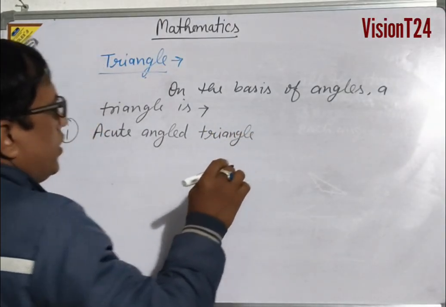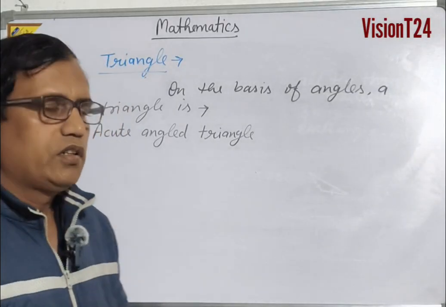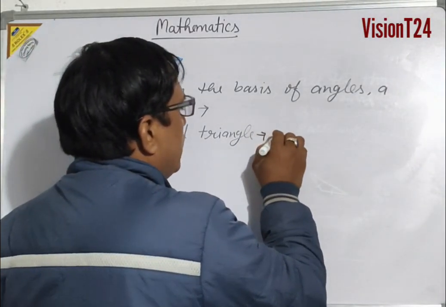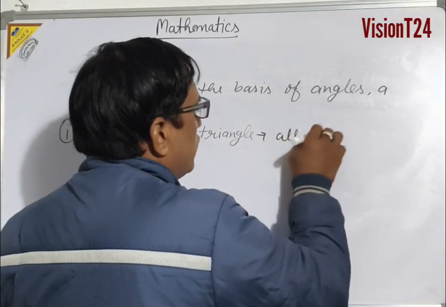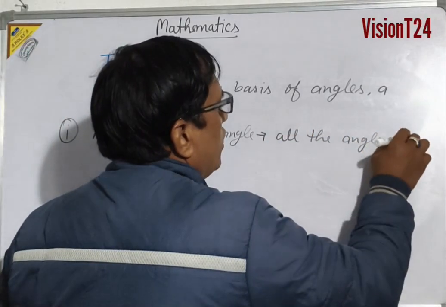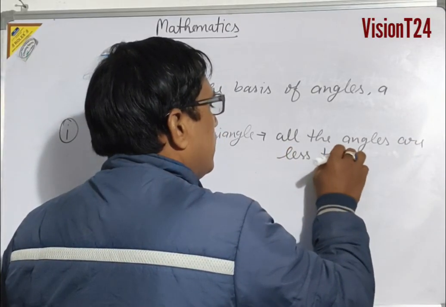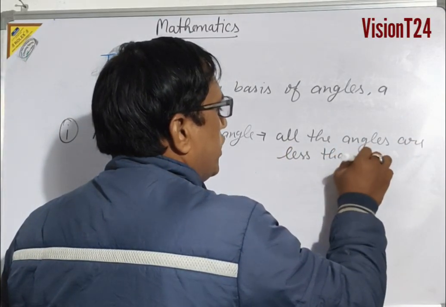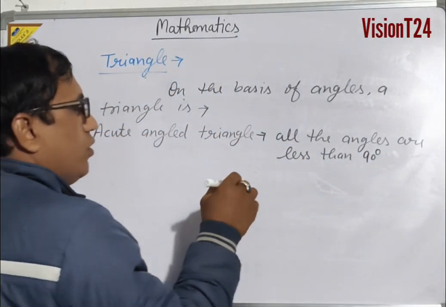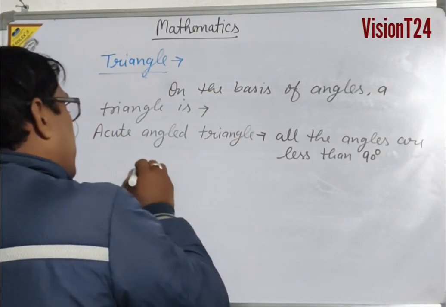How will it look like? Acute angle means all the angles are less than 90 degree. जितने भी एंगल हैं, 3 angles are there and they all will be just less than 90 degree.